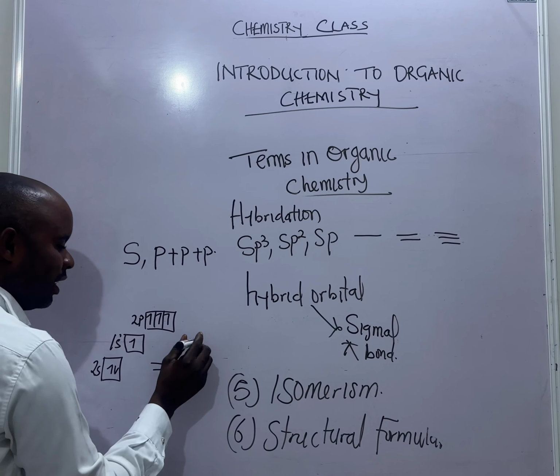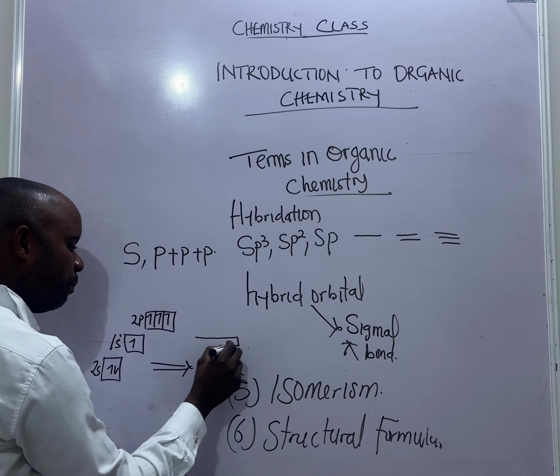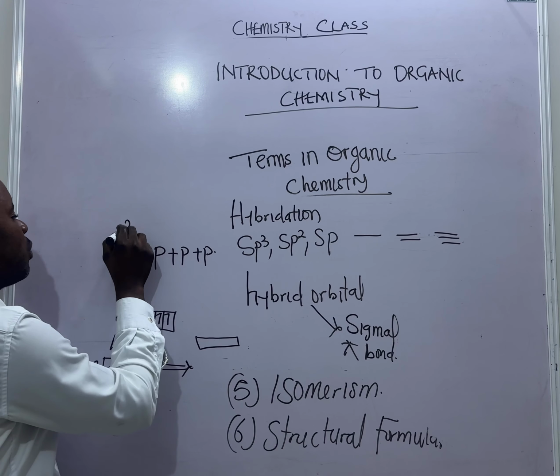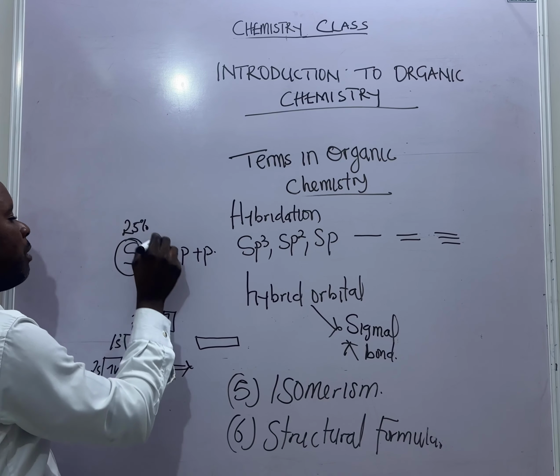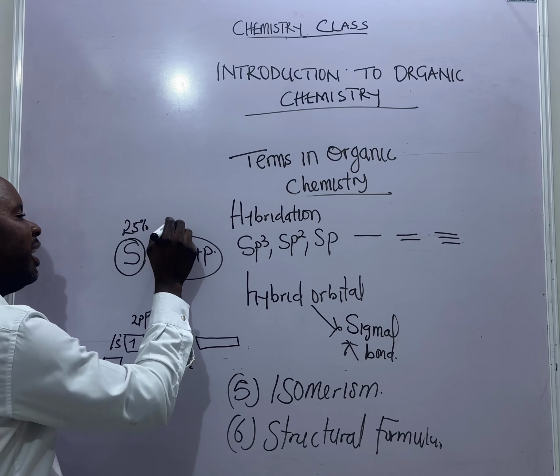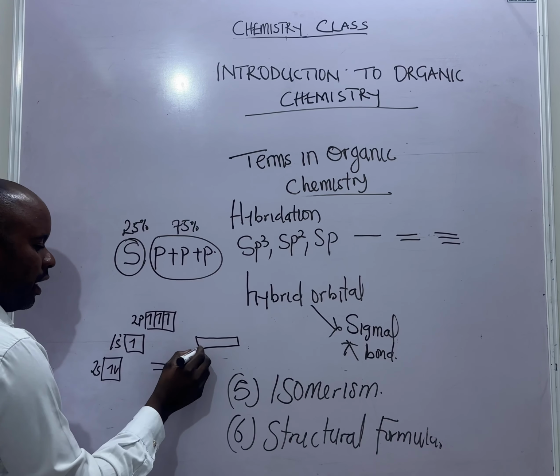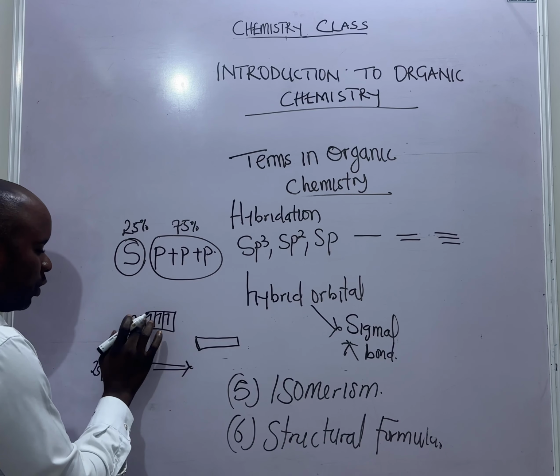By this case, the orbital should be very close to the 2p, because the character contributed by S is 25%, while that contributed by P is 75%. So this orbital is closer to this 2p.